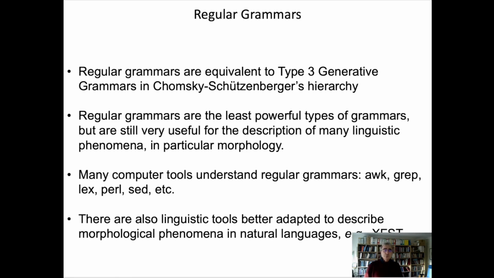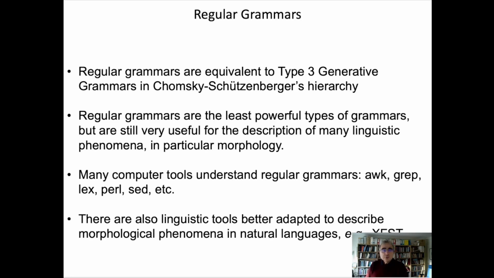In computer systems, there are lots of tools to handle regular grammars, such as awk, grep, lex, perl, sed, etc. There are also linguistic tools that are better adapted to describe morphological phenomena in natural languages. The most famous one is XFST, which was a tool developed at Xerox PARC.